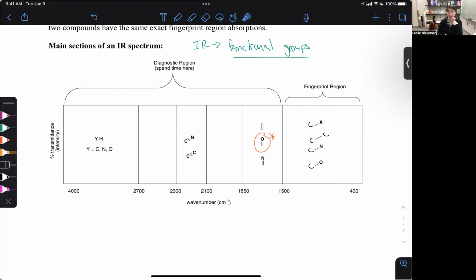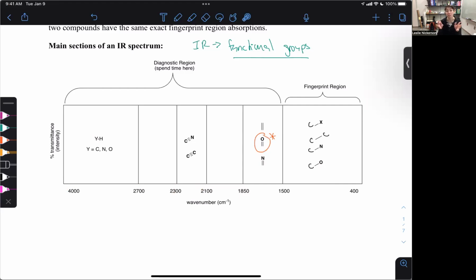And then finally, the fingerprint region. I would not spend any time here really. I know that in lab you talked a little bit about the CO bonds. I think it's really easy to misinterpret things in the fingerprint region because so much shows up there. It's easy to see a strong peak at 1000 and just think, oh yeah, it's probably a CO, but a lot of other stuff shows up in the same place.